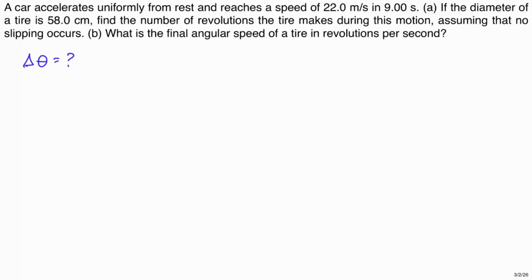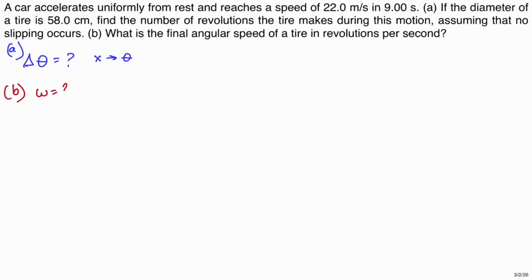I'm looking for part A, okay? I'm looking for delta theta. What is the linear analog to theta? X. So really, if I can find X, I can then find theta. That's a plan. Angular speed, what are they asking for in part B?